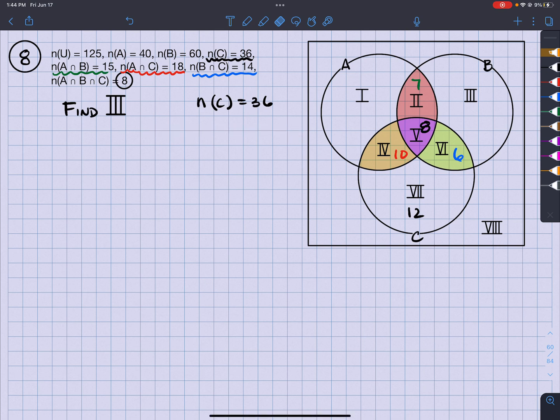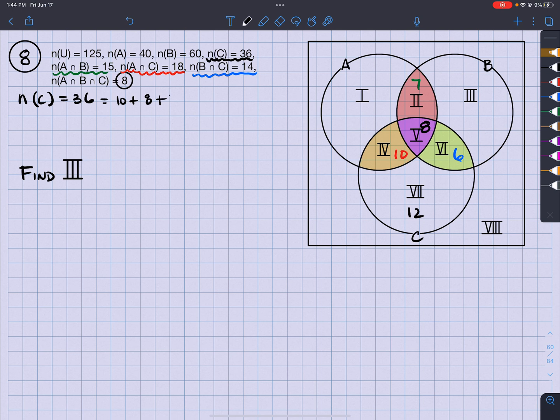So I know that that is going to be 36. And the 36 is going to be equal to the 10 plus the 8 plus the 6 plus the region 7.